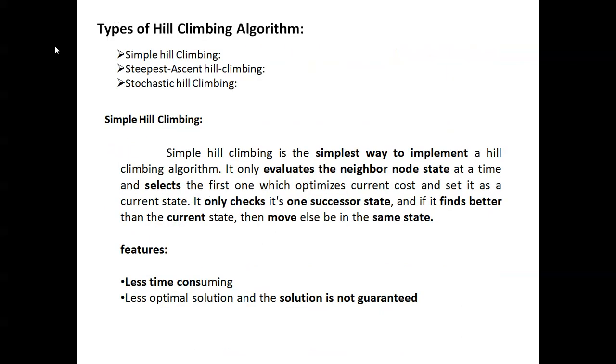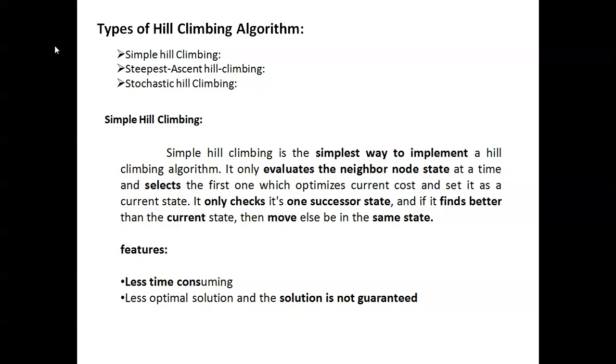Types of hill climbing algorithm: simple hill climbing, steepest ascent hill climbing, and stochastic hill climbing. Simple hill climbing is the simplest way to implement the hill climbing algorithm. It evaluates the neighbor node state and only chooses a successor state that is better than the current state to move, else it stays in the same state.